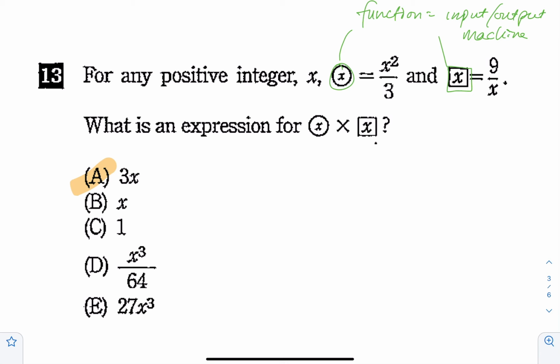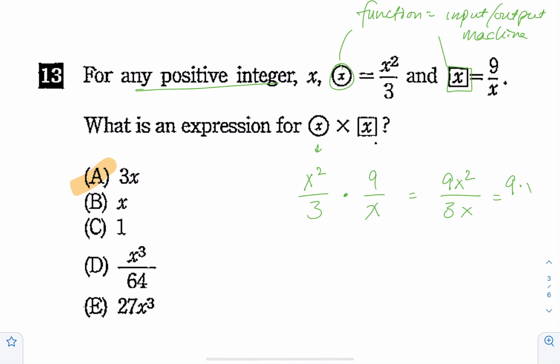For circle x, this first one, this would be x squared over 3. And then the second function is 9 over x. And what you're doing is you're just multiplying them. When you multiply these two together, you get 9x squared divided by 3x. And here, since x is positive, you can cancel one of the x's.